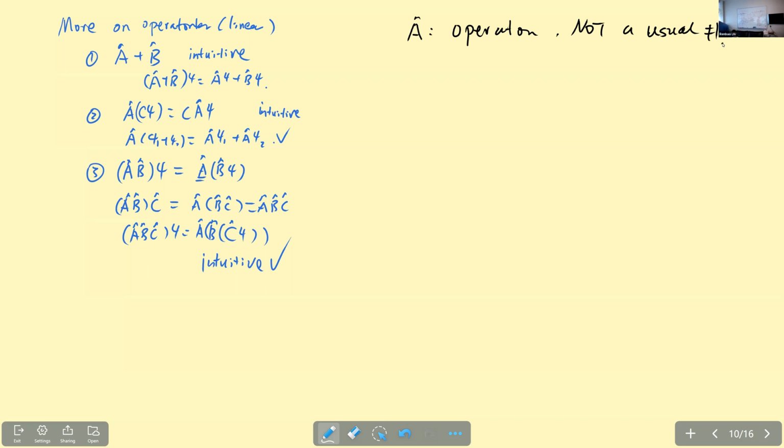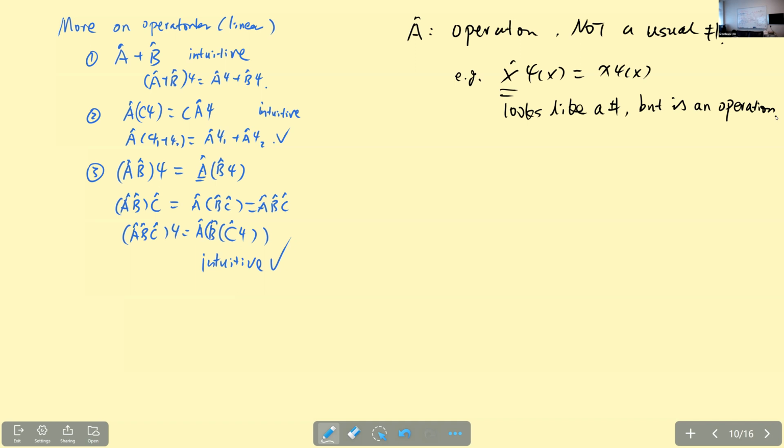Even though in some cases, for example, x psi equals x times psi, they look like a number, but it's an operation. So you should be careful with this one.